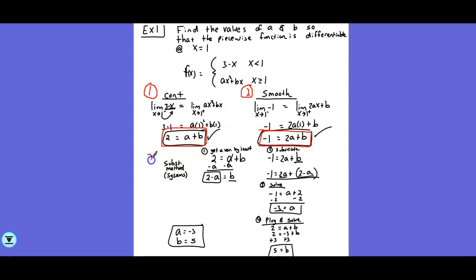And then after that, the rest of this was solving a system of equations by using the substitution method. So it's a three-step process. Make one equation by making it be continuous, make another equation by making it smooth, and step 3, solve the system of equations to get your answer. So a lot of algebra there.